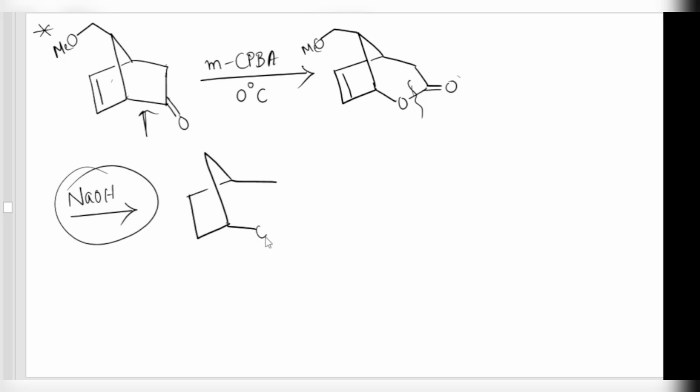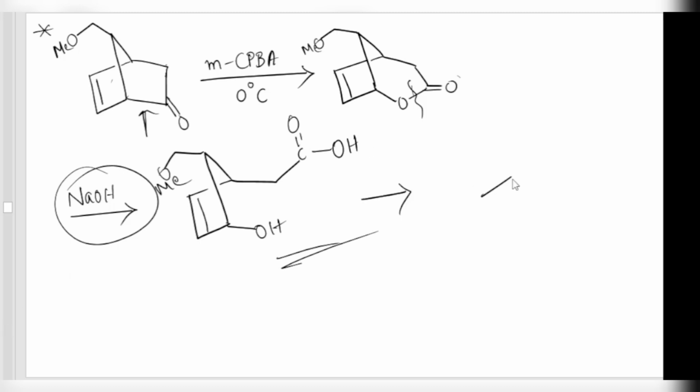like this, and here OH is there and one carbon, and this is the carbonyl group, C double bond O, OH, and here OMe is there. This is the final product we got, and the double bond is there as it is. If we want to write it in the normal way, we will write it like this: see this one, hydrogen is there away from the observer.